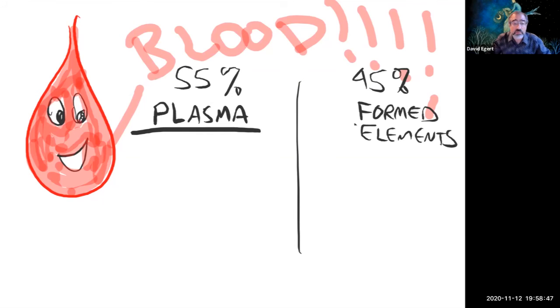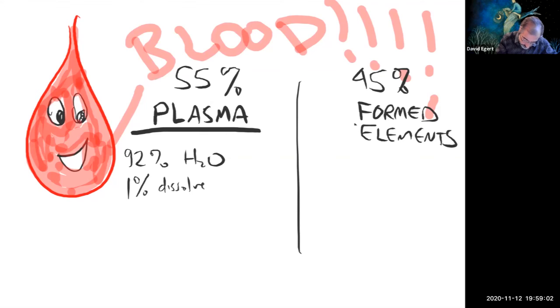So let me start with the plasma. Plasma is mainly water, like 92% water, maybe 1% dissolved nutrients and gases, etc. You've got sugar, glucose in your bloodstream, ions, dissolved carbon dioxide.